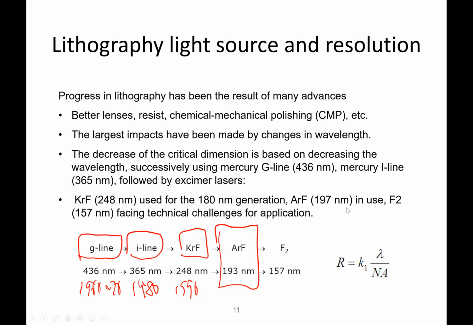And now many trials were made to use the fluoride laser, the F2 laser, but there are a lot of technical issues. The main reason for the difficulty with the F2 laser is that our light passes through the glass, right?